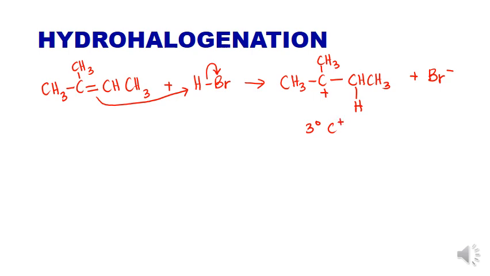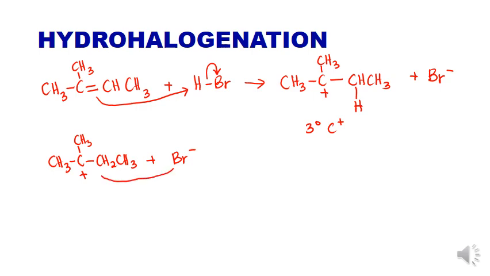We know that the tertiary carbocation is the most stable carbocation. So then we can proceed to the next step, which is the carbocation being attacked by the nucleophile. The tertiary carbocation that has been formed from the first step is easily attacked by the nucleophile, and the only nucleophile present in this reaction is Br minus.